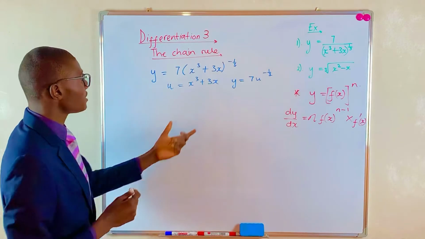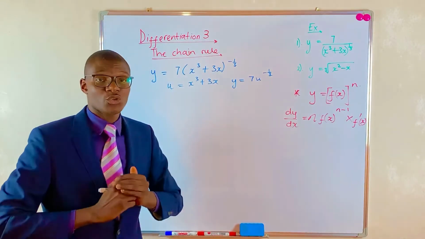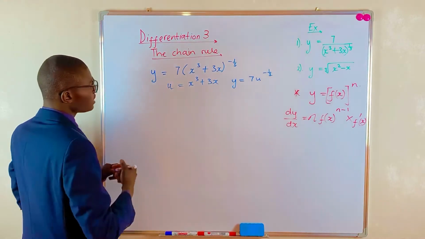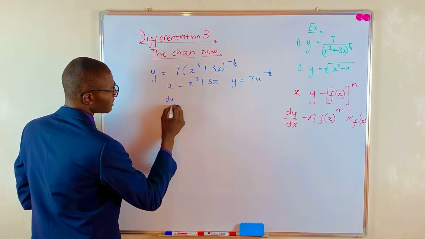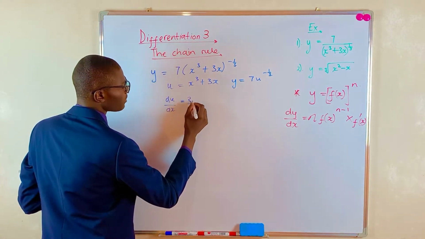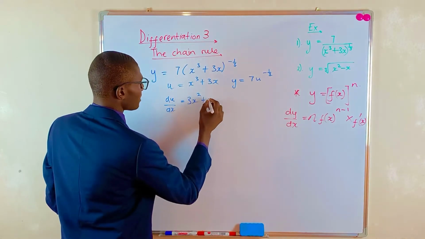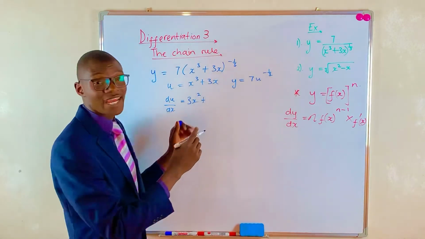Then we differentiate u with respect to x, then differentiate y with respect to u. So du/dx would be equal to, dropping the power 3, multiplying by x, then subtracting 1 from the power, I've got a 2, plus, then if you differentiate 3x, we simply get a 3.